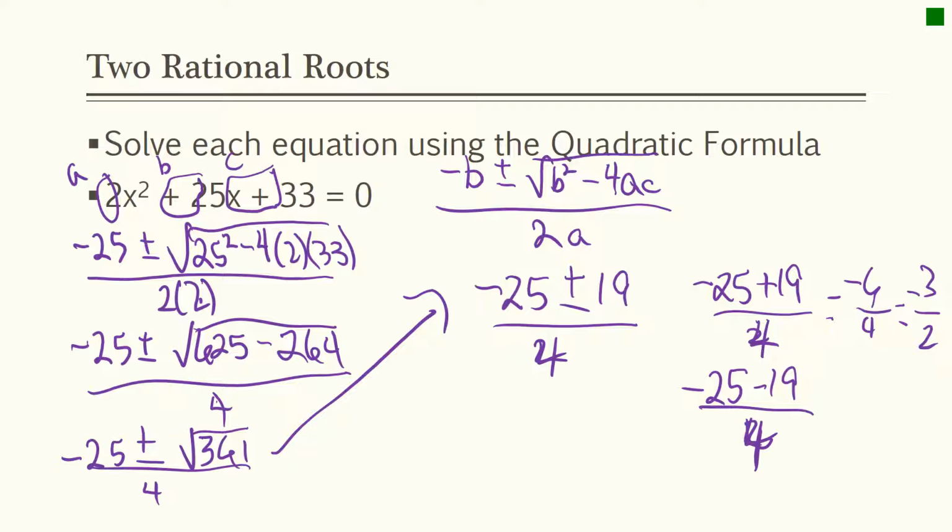And negative 25 minus 19 is negative 44 over 4, which equals negative 11. So my two roots are negative 11 and negative 3/2.